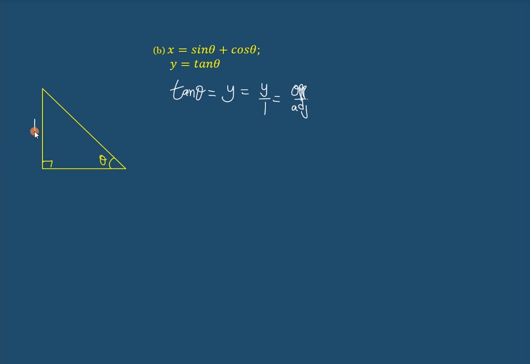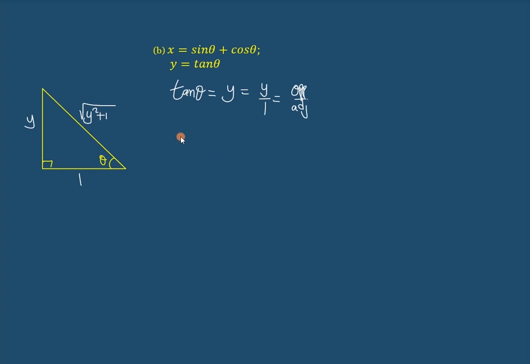So if we look at this right angle triangle with respect to angle theta, this one is the opposite. So we have a y there and we have 1 there, which is the adjacent, and the hypotenuse by Pythagoras theorem shall be y squared plus 1.